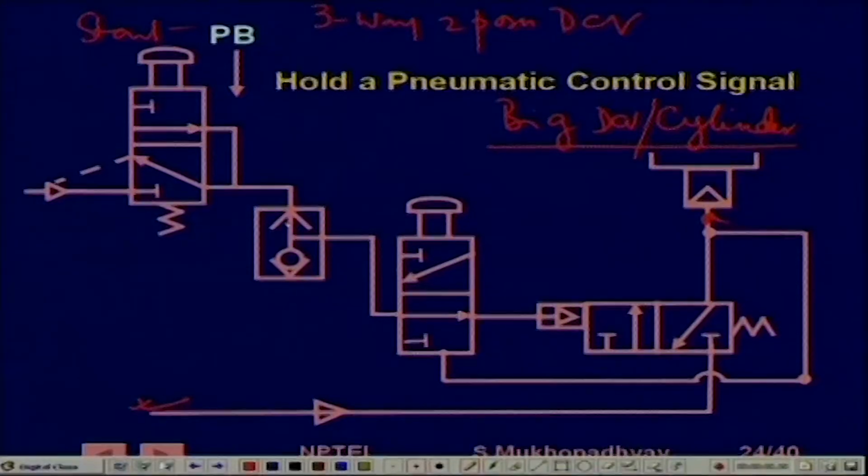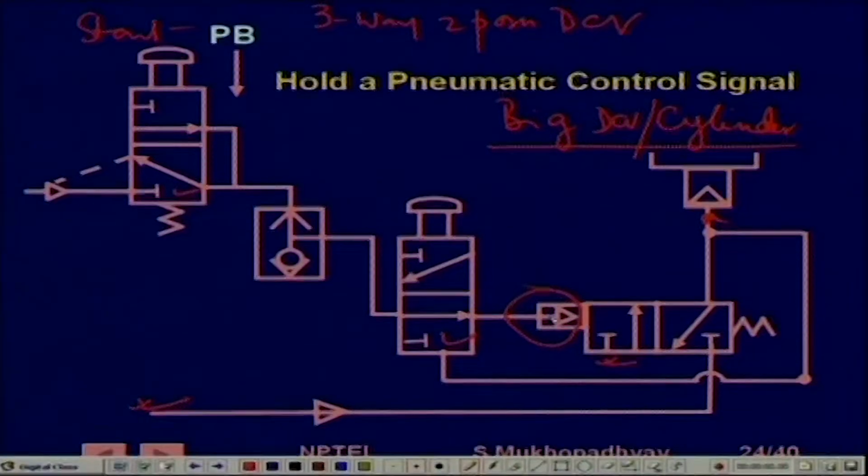Initially what happens is that, see, this is the port. If this gets pressure, then the valve will shift and be in this position. So in this position the control pressure will go to the final load. So we have to apply pressure to this one to finally apply pressure to this one. Now, in the normal position, when this is not pressed and this is not pressed, they are actually in this block and this block.